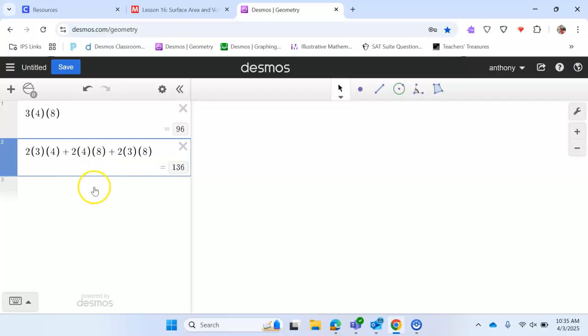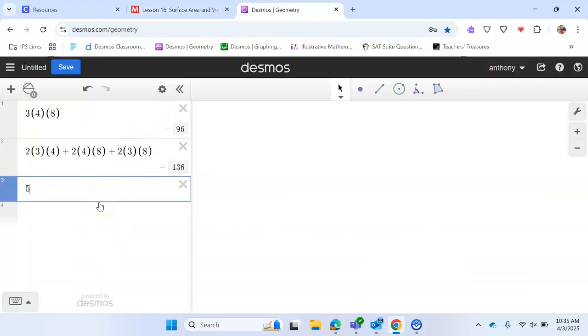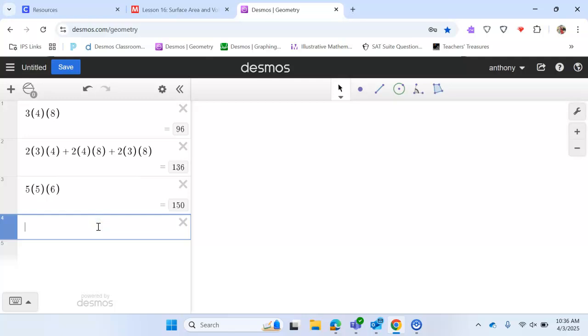And for the second one, the volume would be 5 times 5 times 6. And the surface area would be 2 times 5 times 5 plus 2 times 5 times 6 plus 2 times 6 times 5.